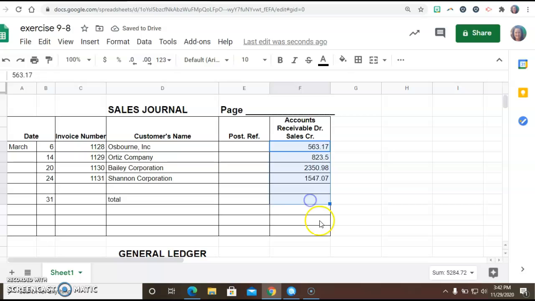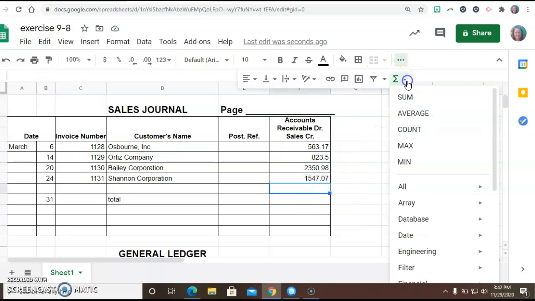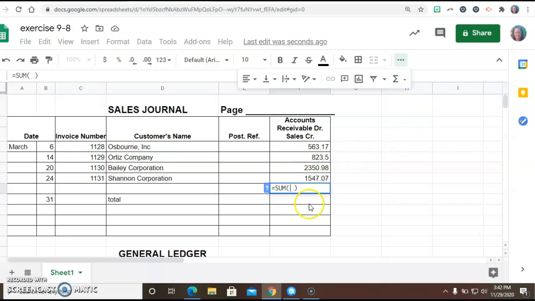You guys will have to do the math on your own when you're working on your own. Okay, so we're not going to do anything with our total yet.